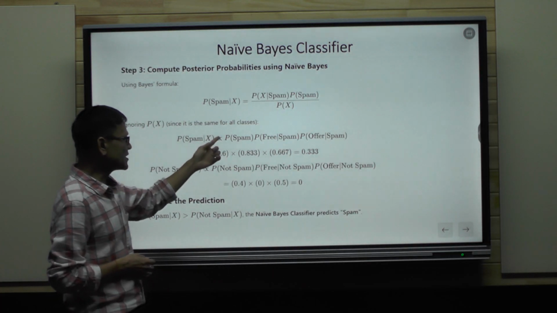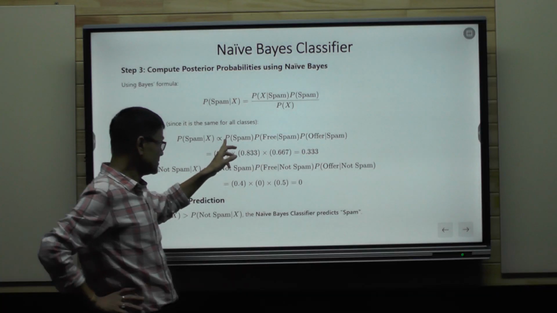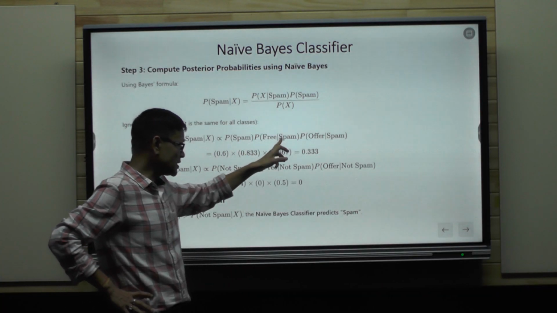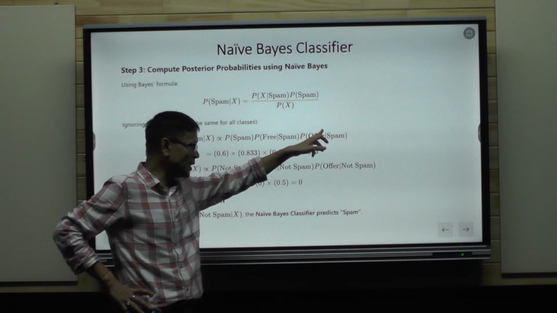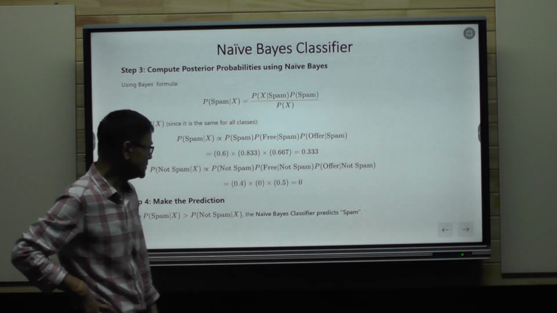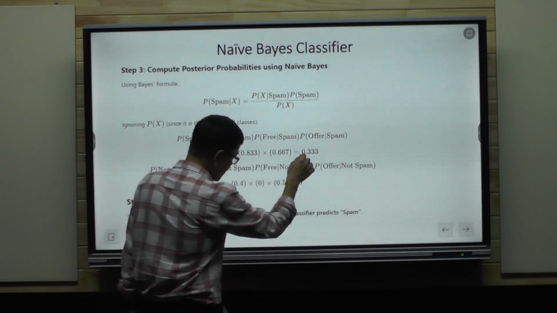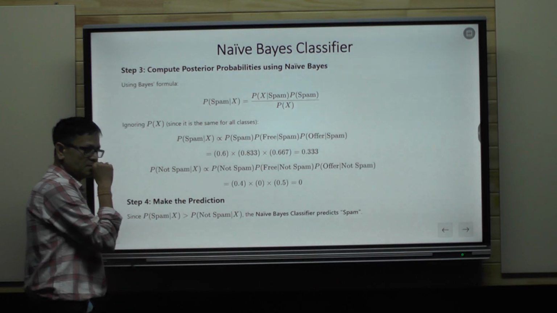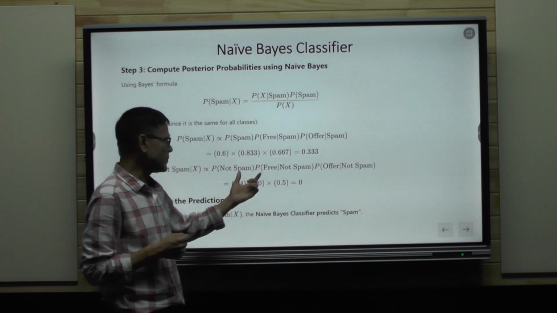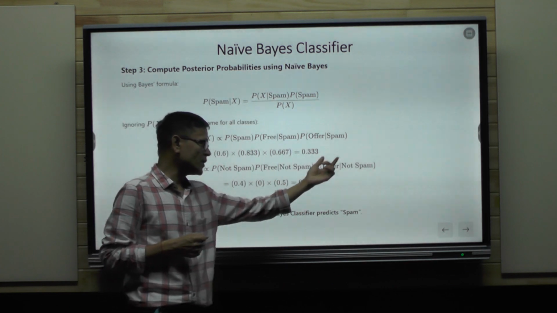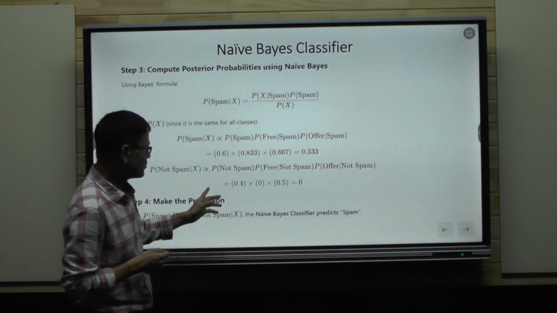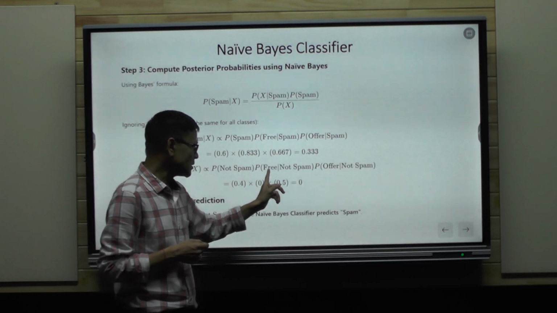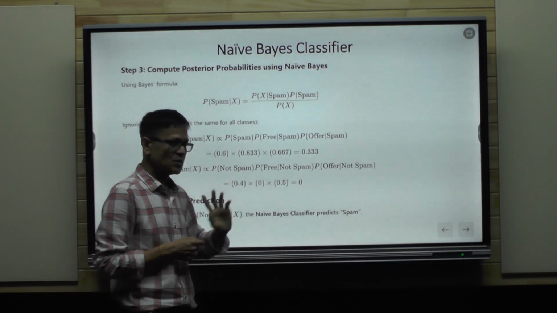So P(spam | x) is proportional to P(spam) times P(free | spam) multiplied by P(offer | spam). That computes to 0.33. And for not spam, P(free | not spam) times P(offer | not spam) computes to 0 because free given not spam was 0.